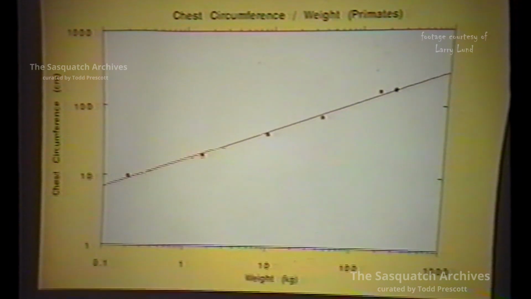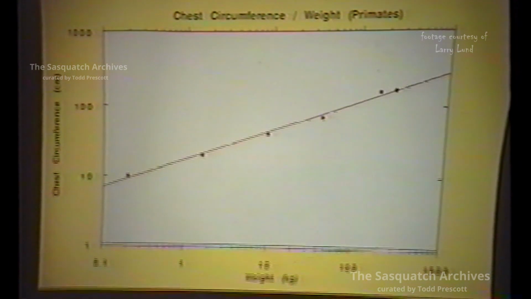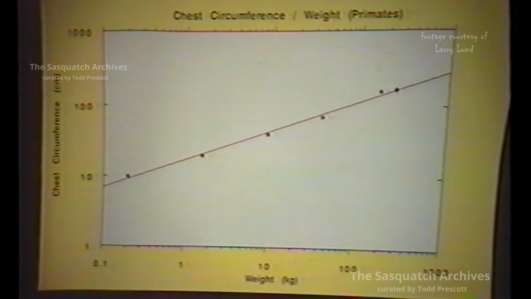It has a 22-inch width to the chest, and if you expand that by something less than pi, I use 2.9 because that seems to work for people, for men at least. You come up with this chest circumference of 64 inches and a weight, which you can read straight off here, of 567 pounds, which is a very reasonable estimate. Other people have estimated it to be 600 pounds. Robert Krantz drifted more around the vicinity of 520 pounds.